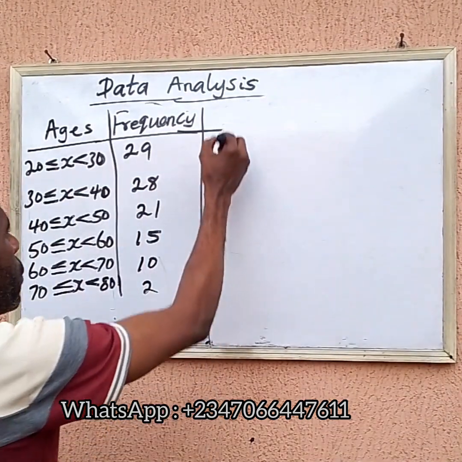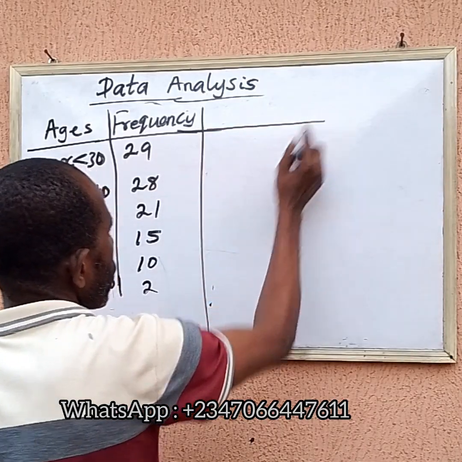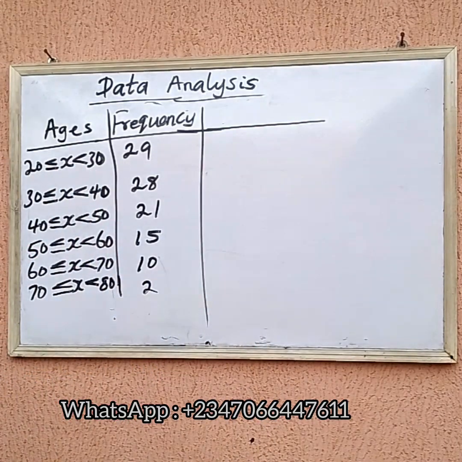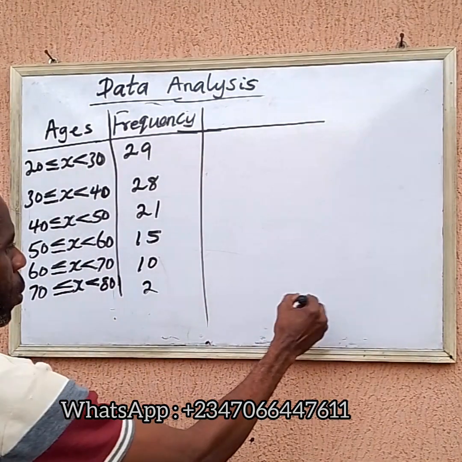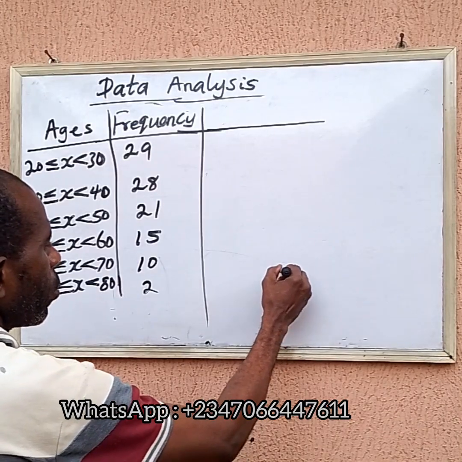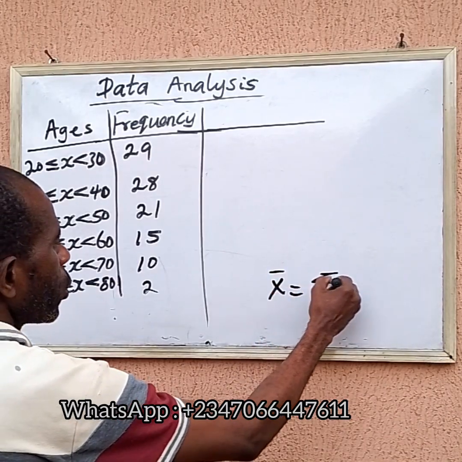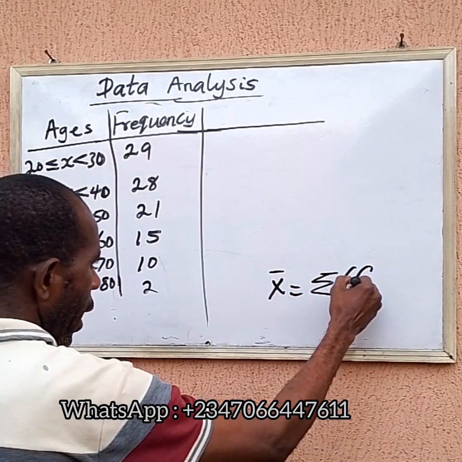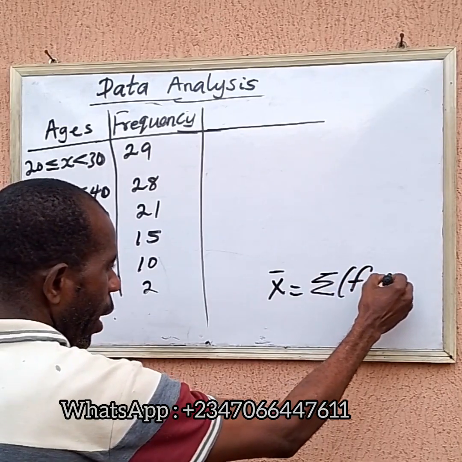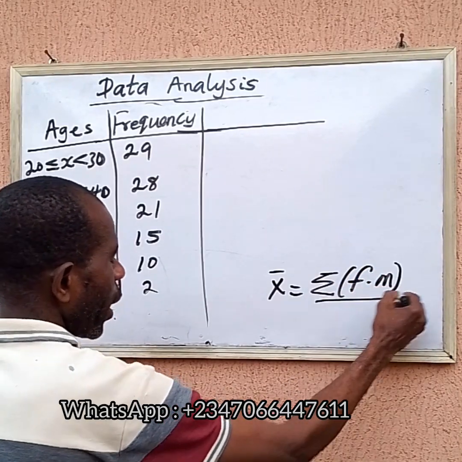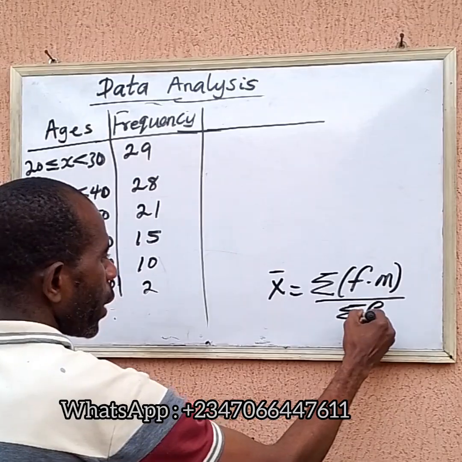Now, for us to calculate the mean of a grouped frequency distribution, the formula we use is this. The mean is equal to the summation of f times m, all over the summation of f.